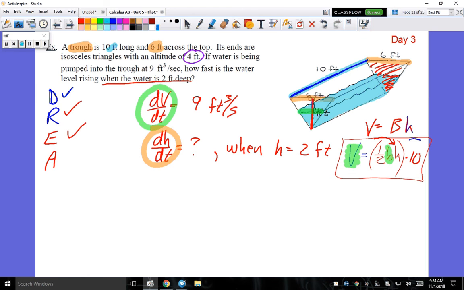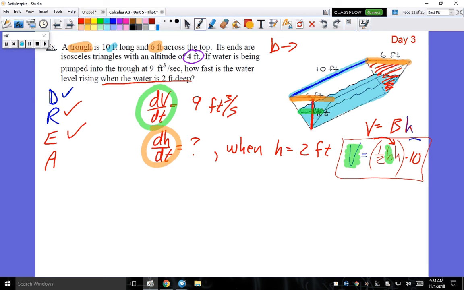Alright, so let's change B. B is representing, again, this 6. We're going to change it to a different variable. You with me? Okay.